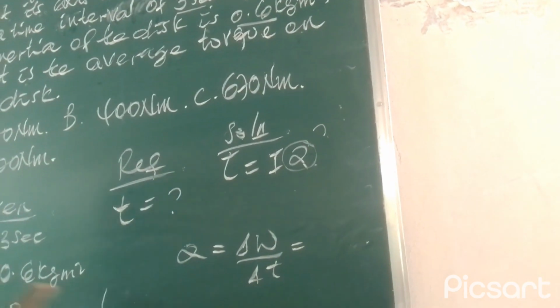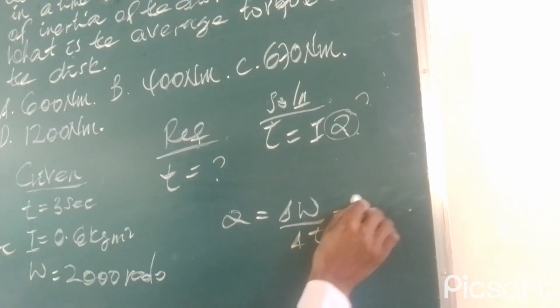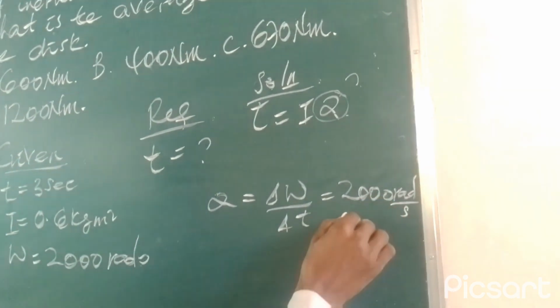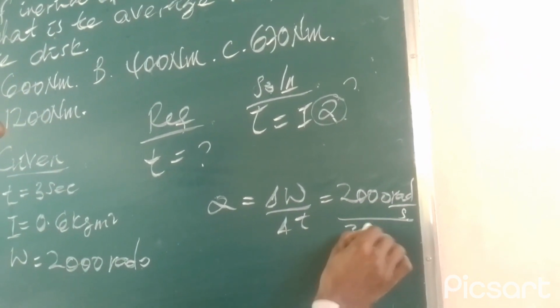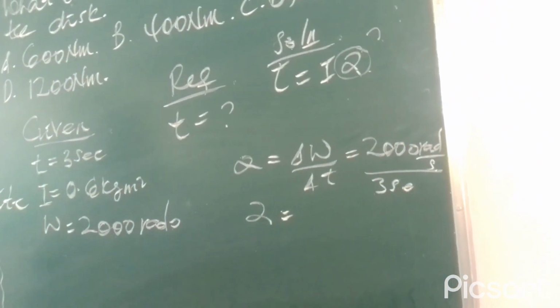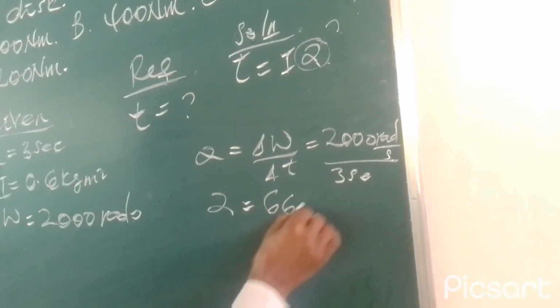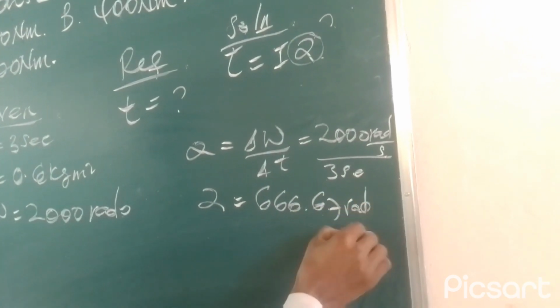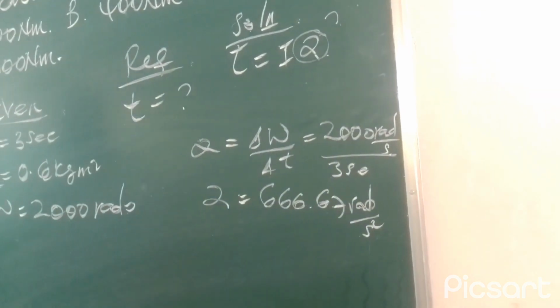Delta omega is 2000 radians per second and time is 3 seconds, so alpha is approximately 666.67 radians per second squared.